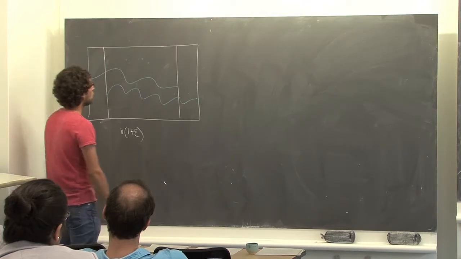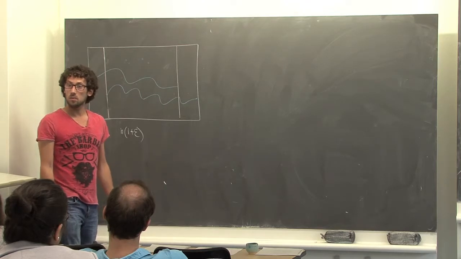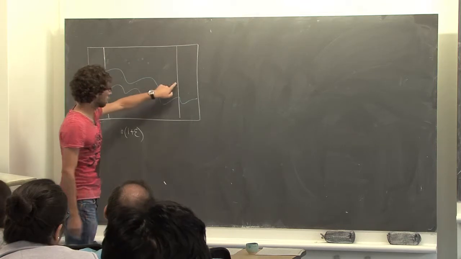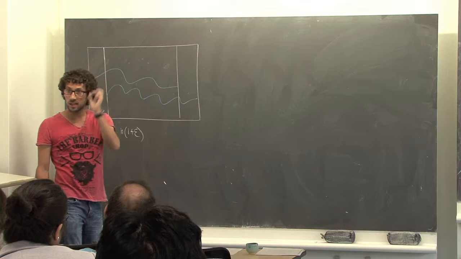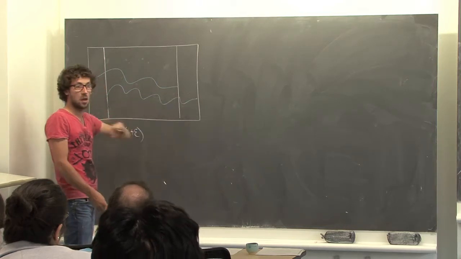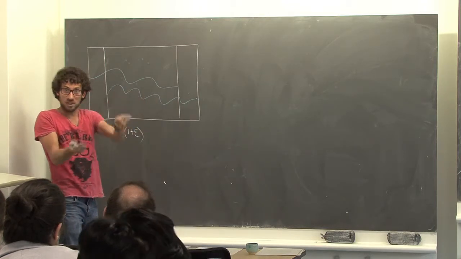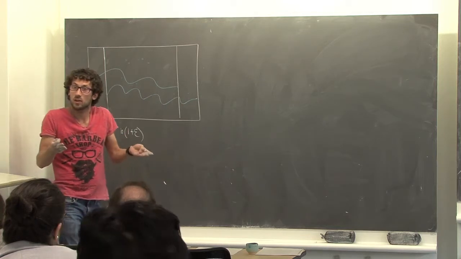Now I have no guarantee these guys are connected. So it could be that with probability a quarter, you have a crossing of this box, a crossing of this box, but that with probability tending to 0, you have a crossing of the big box, because maybe these two guys don't like each other and they try to avoid each other. Intuitively, it's completely wrong, and indeed it's completely wrong, but you cannot really exclude it a priori.